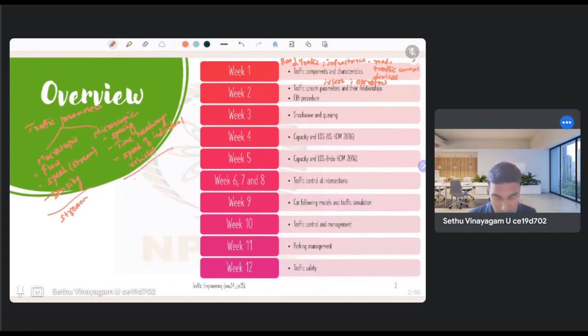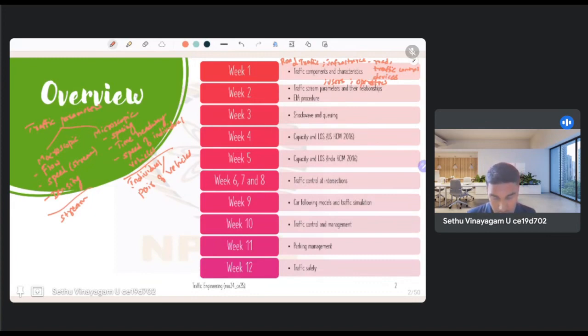Whereas the microscopic parameters are concerned with individual or a pair of vehicles. This is at a smaller scale, that's why it's called microscopic, whereas the stream gives an overview of the whole traffic system, so it's a macroscopic parameter.